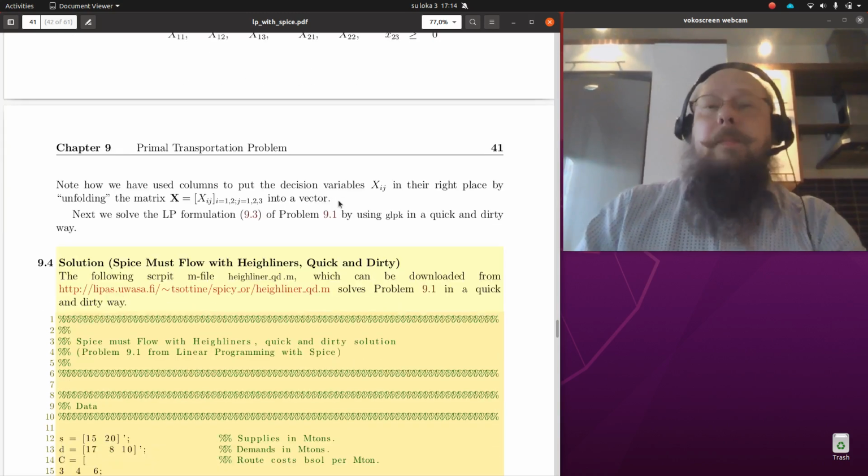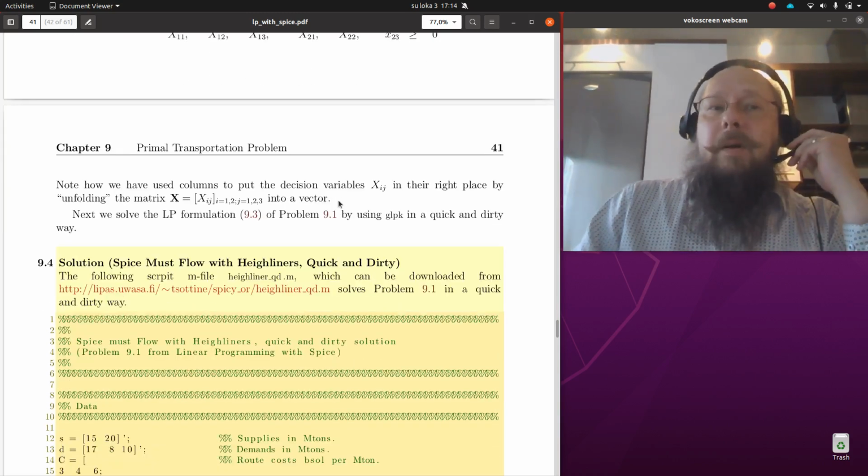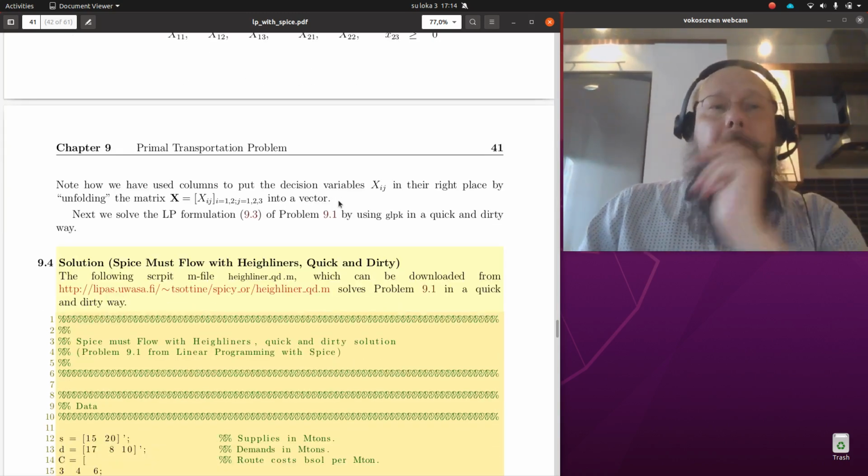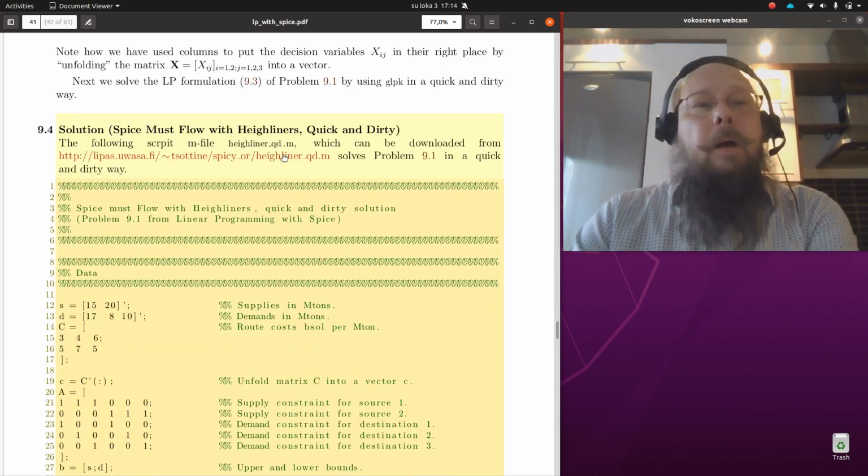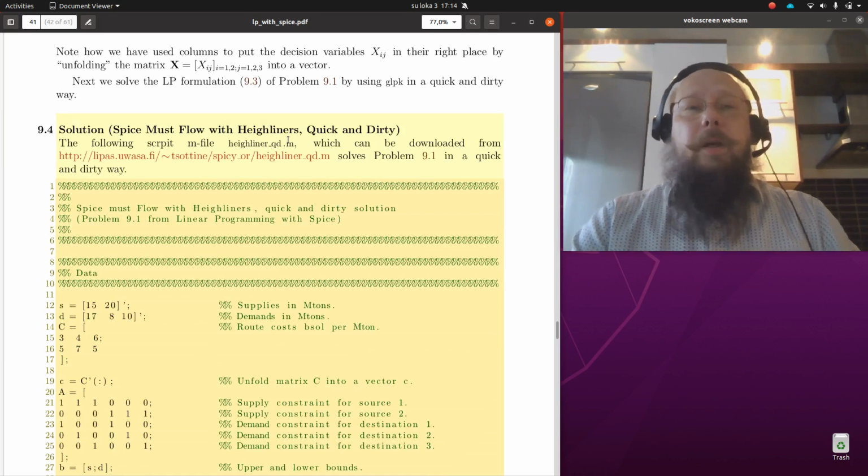As typical, we have a script M file that solves this problem. I call it highliner underscore QD for quick and dirty. You can download it from here, and here is how it's listed.